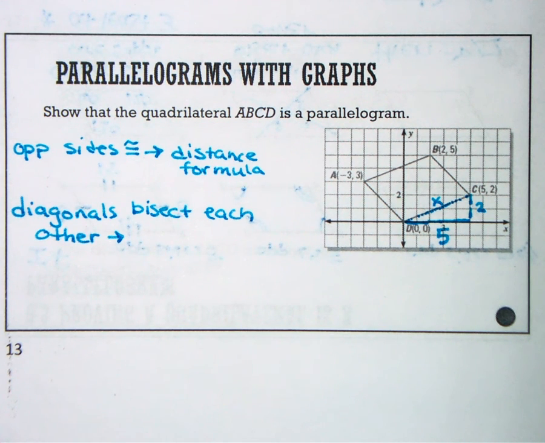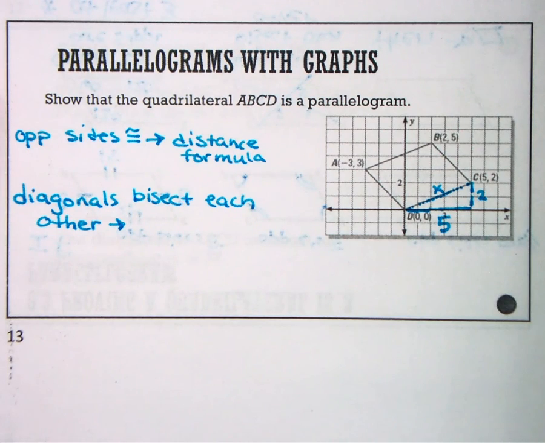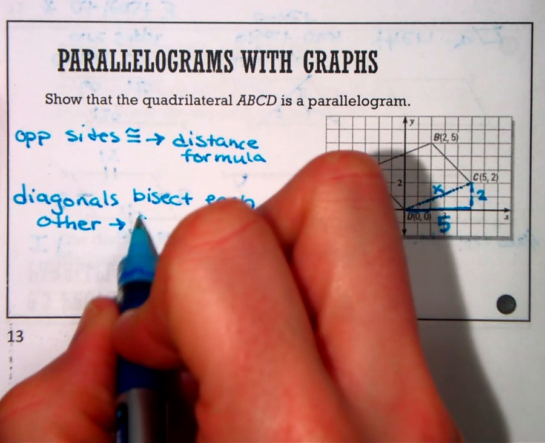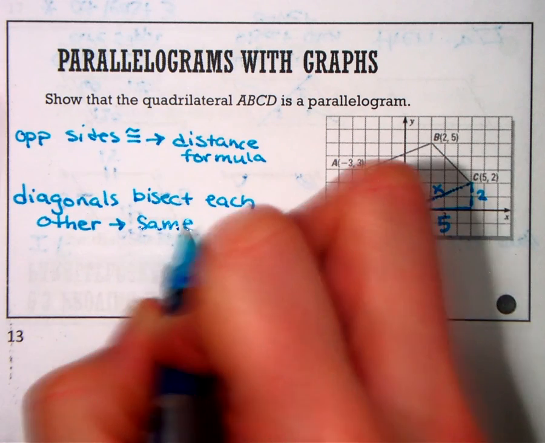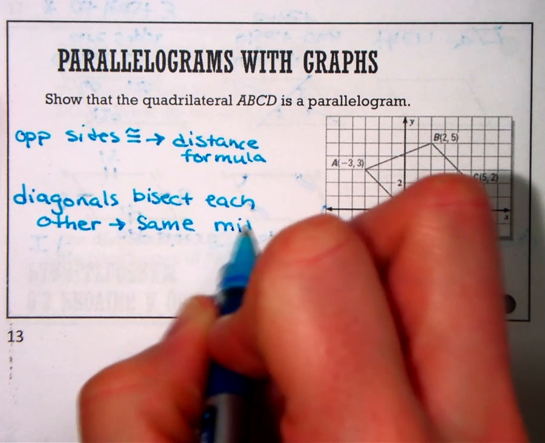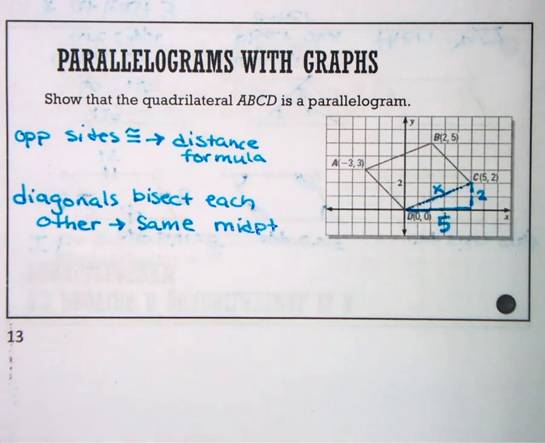You could show that the diagonals bisect each other by showing they have the same midpoint. If the diagonals have the same midpoint, that means they bisect each other. You could do that as well. Midpoint formula twice, that's not as bad as doing the distance formula 4 times, right?